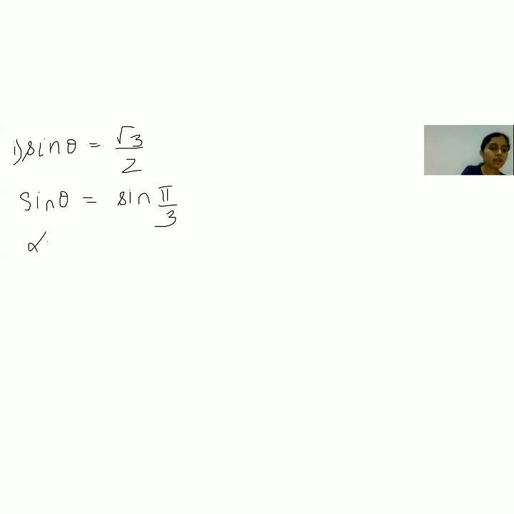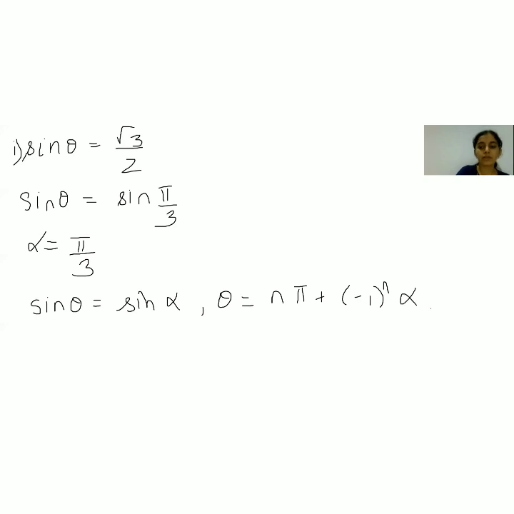So alpha is pi by 3. Then what is the generalized solution for sine theta? We have sine theta is equal to sine alpha, where theta is equal to n pi plus minus 1 raised to n alpha, and n belonging to z. So we are going to write the answer for this sum.